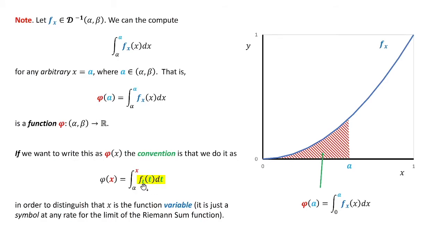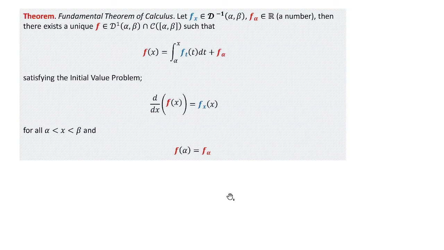So generally speaking, we replace this with what's called a dummy variable. You can call this anything you want: capital X, fancy X, Y, chi, which is Greek X. You can replace it with anything you want, but if you're going to write it in this notation, where this gives you the value of the function there, then generally speaking, you change it. It's just good practice.